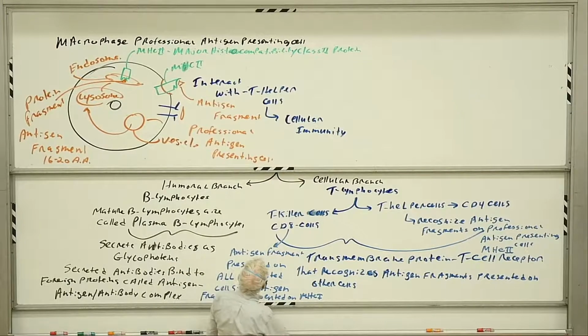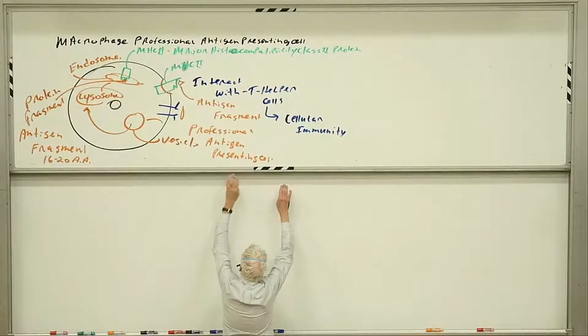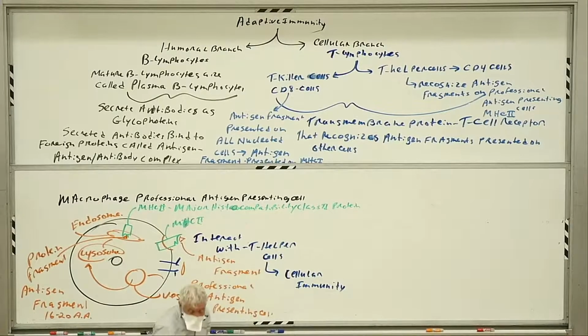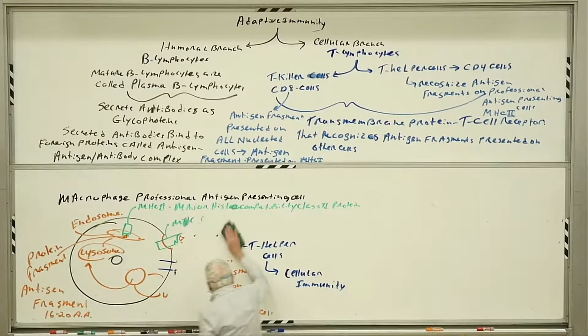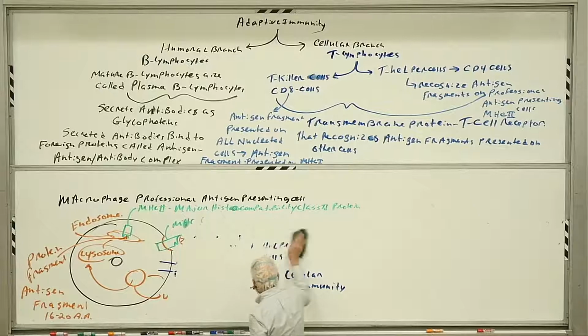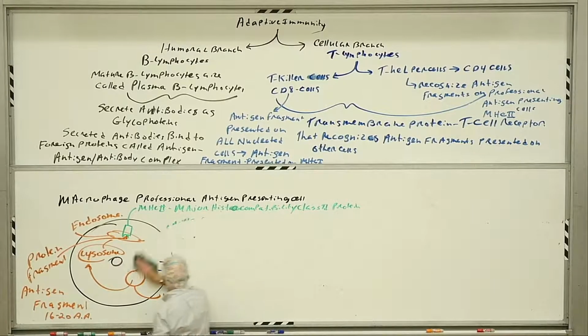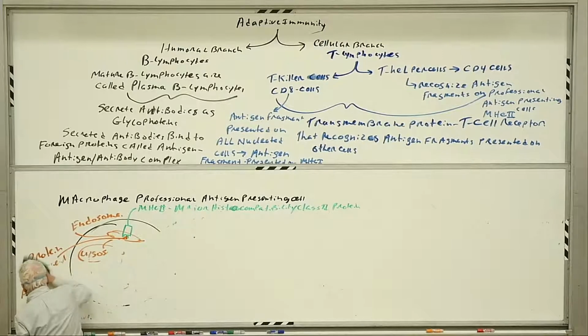Before we get there, we need to talk a little bit about antibody structure. So come up here, and we're going to talk about antibodies released by B lymphocytes. So these are going to be the glycoproteins that have been secreted from plasma B cells.